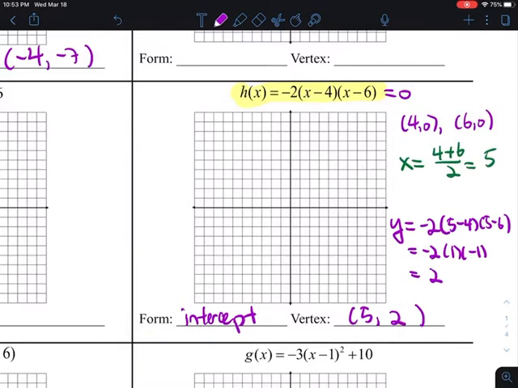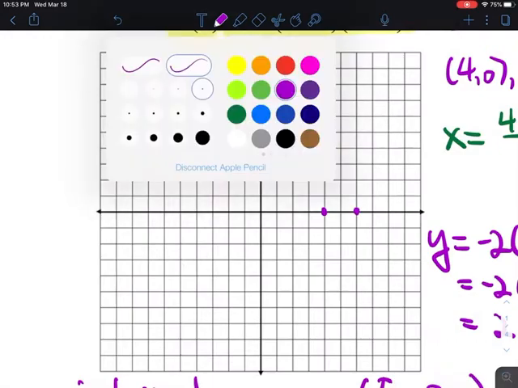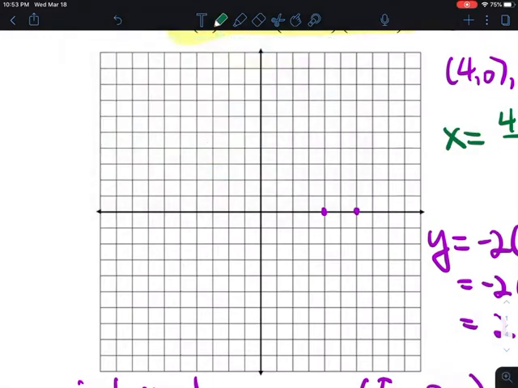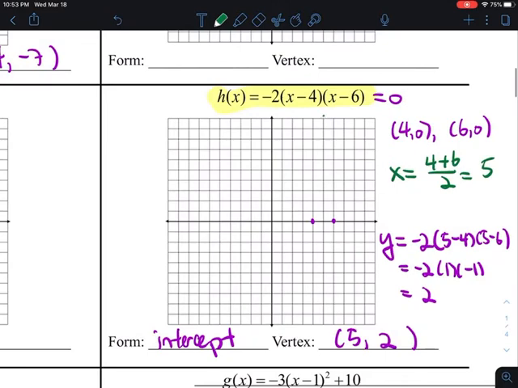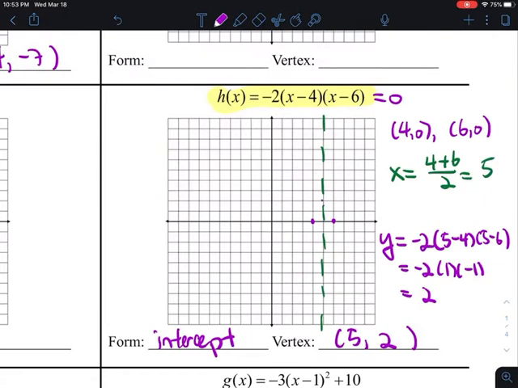So let's go ahead and graph everything. First, we have the intercepts, 4 and 6. And then my axis of symmetry is at x equals 5, and my vertex at (5, 2). Okay, again, now that we have the vertex, we can follow our pattern of points.